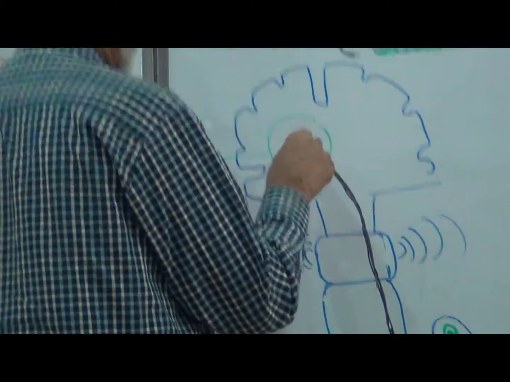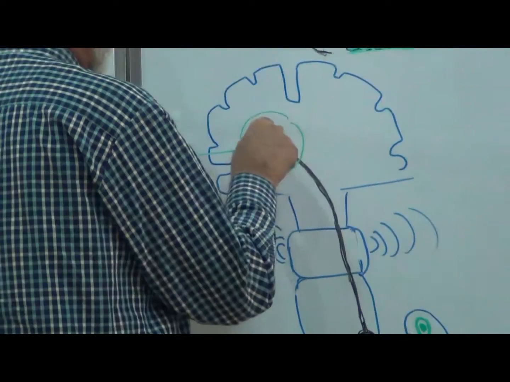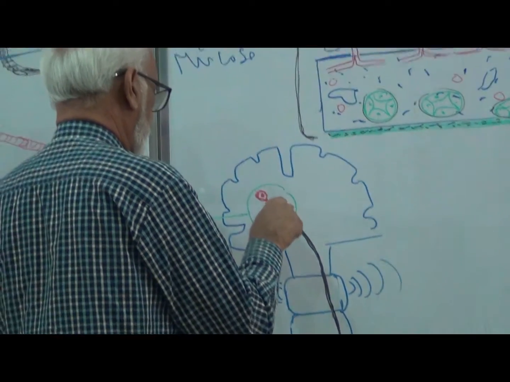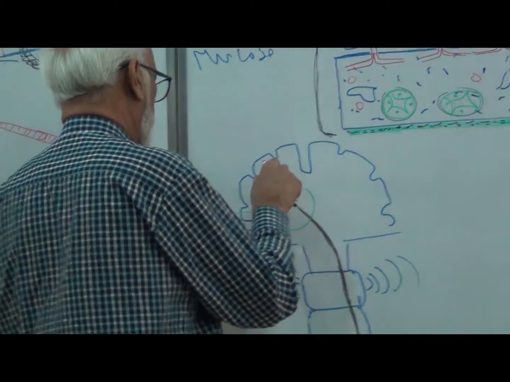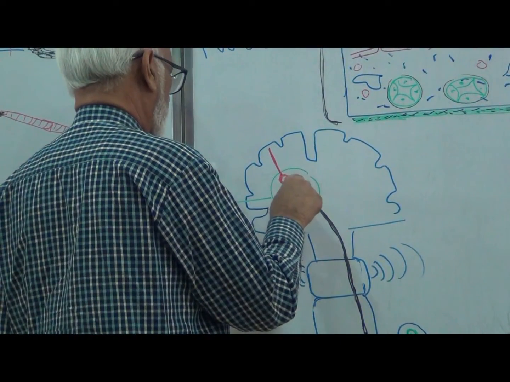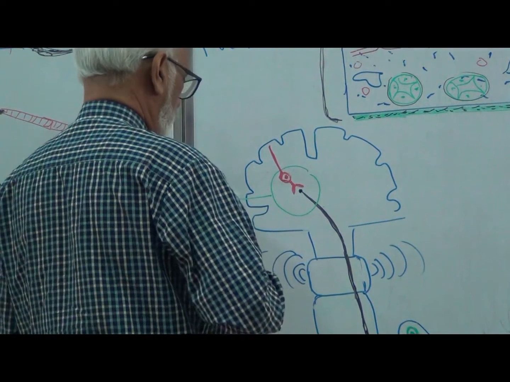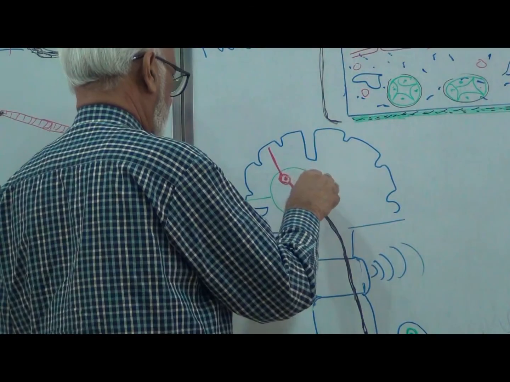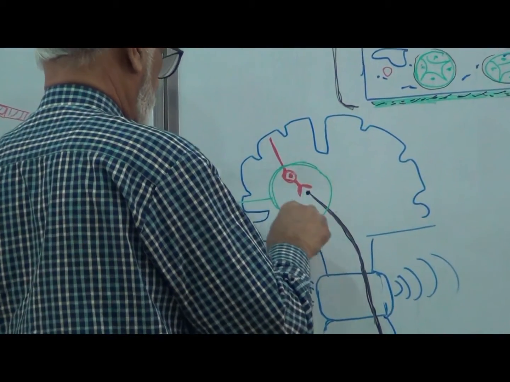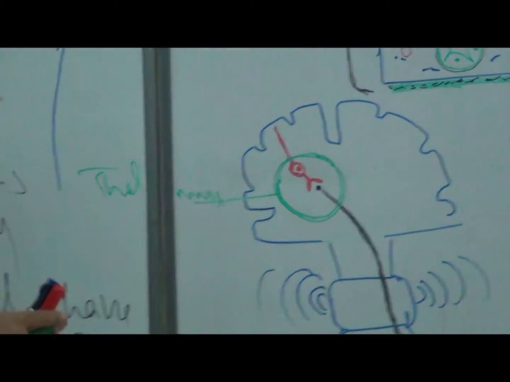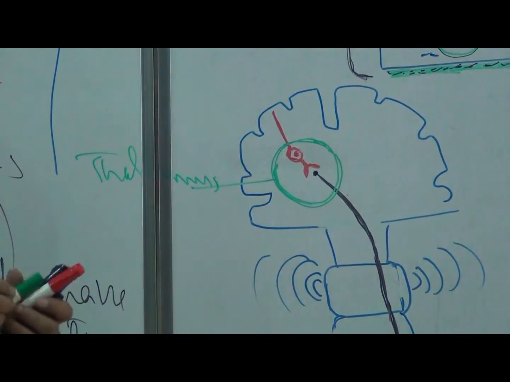From the thalamus, another neuron starts, which relays in the sensory cortex. So in this way, from the periphery, the sensations are carried to the sensory cortex.